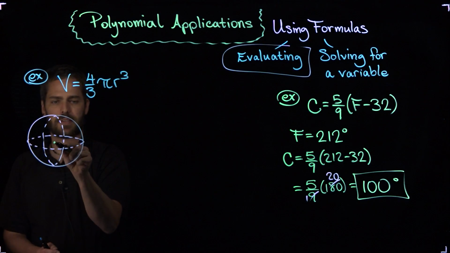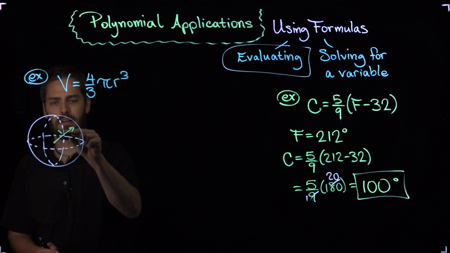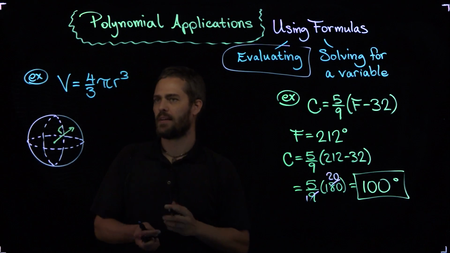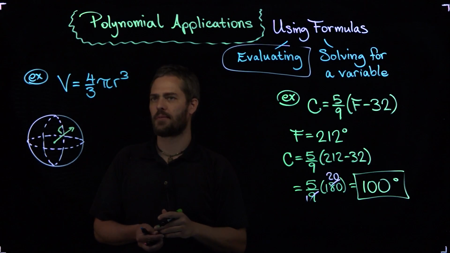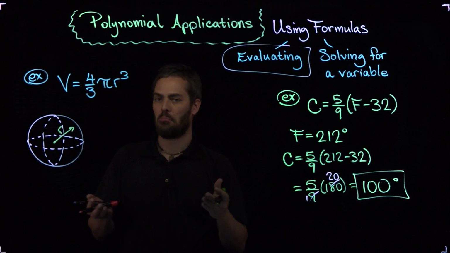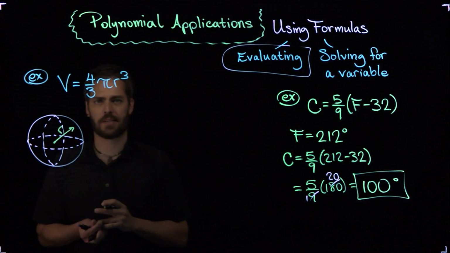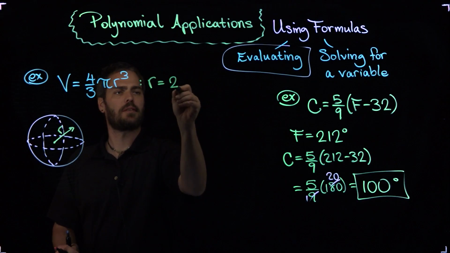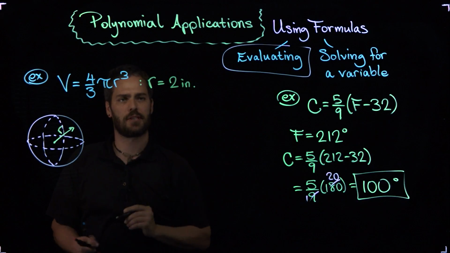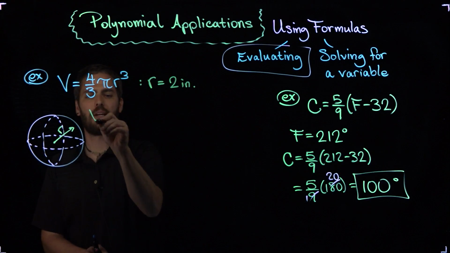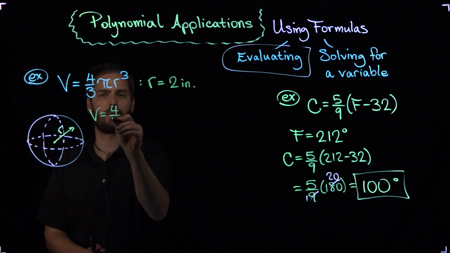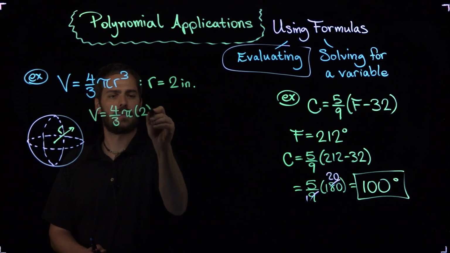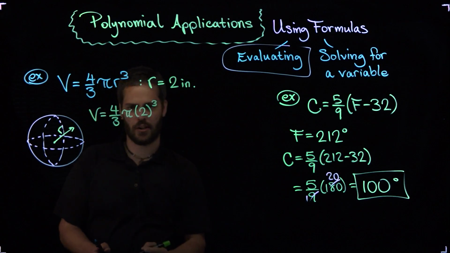And starting out from the center and going to some edge, that's the radius I'm talking about. So, I don't know, let's say we have a radius of 2 inches. So we're given r equals 2 inches. Then, to evaluate the formula, v is equal to 4/3 times pi times 2 cubed.